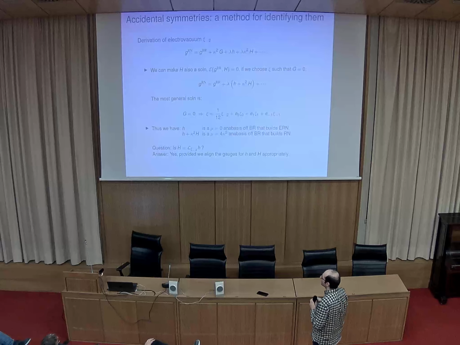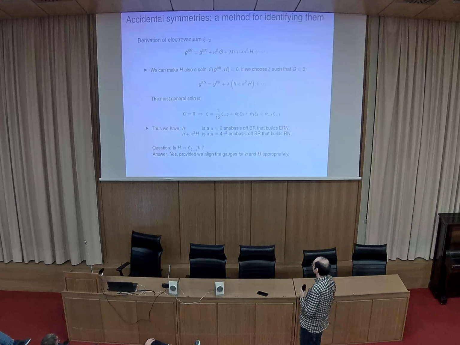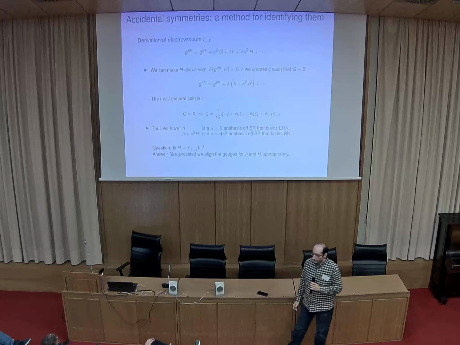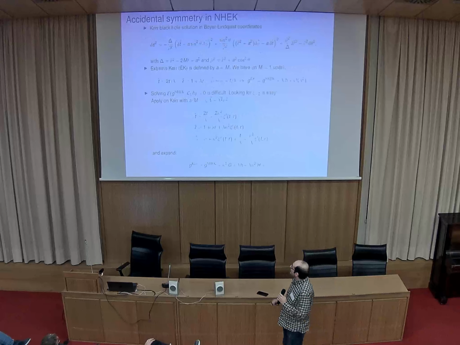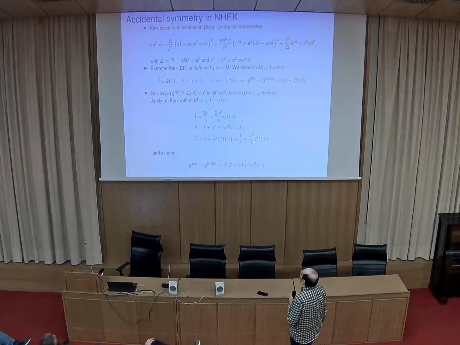If you align the gauges appropriately, then you can make sure that this equation looks exactly as before, with this big H now being the Lie derivative along this psi minus 2 of this little h. So that can also be done. For Reissner-Nordström, it's relatively easy. For NEC, it's uglier. But let's see the derivation of psi minus 2 and look at it also for NEC.